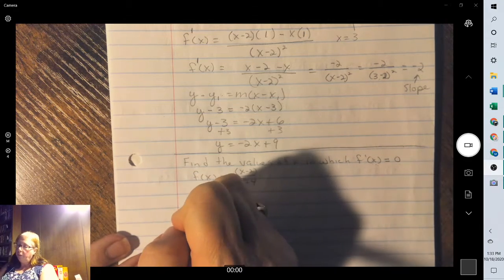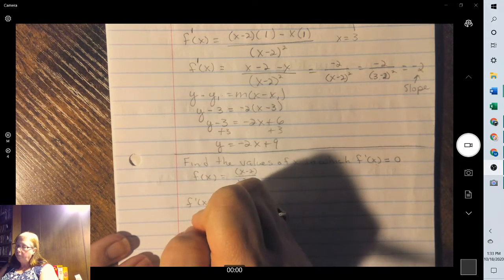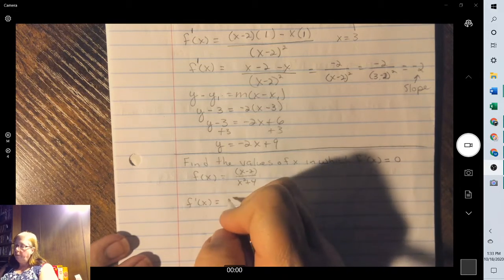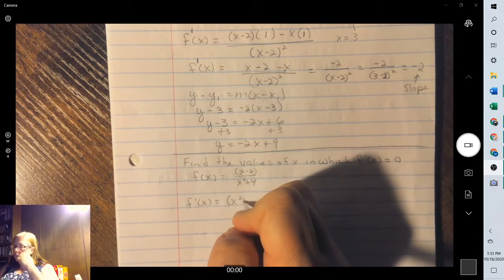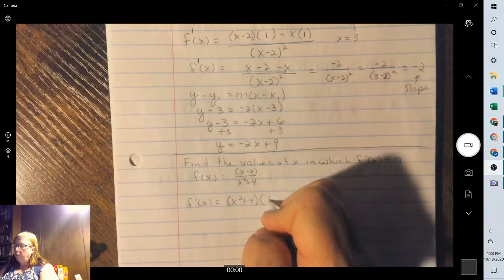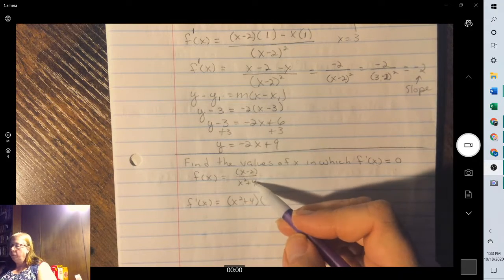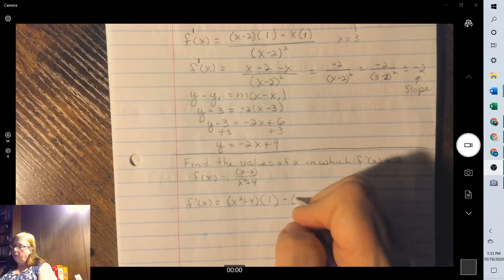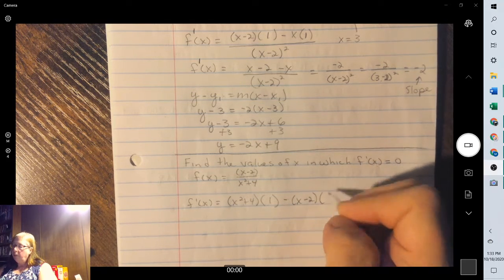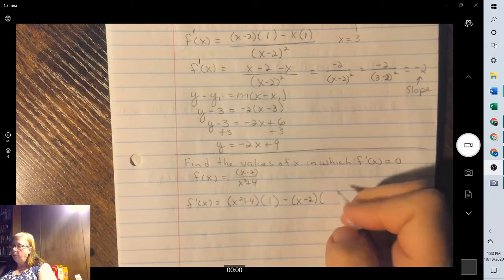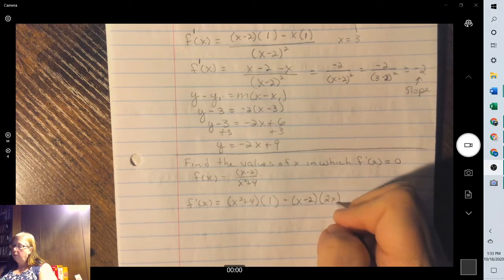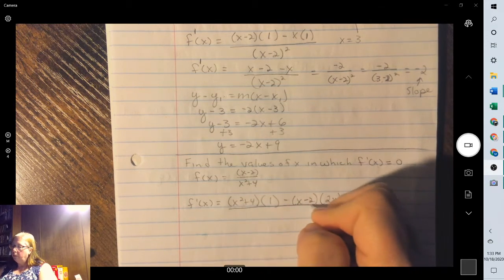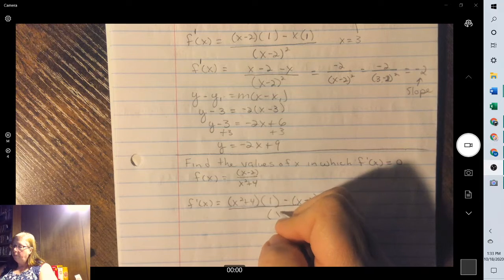So we need to take the derivative. Derivative is the bottom times the derivative of the top. Bottom is x squared plus 4, derivative of the top is just 1. Minus the top times the derivative of the bottom is 2x, all over the bottom squared.